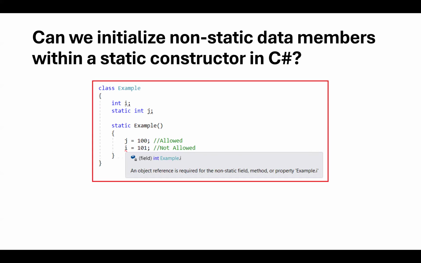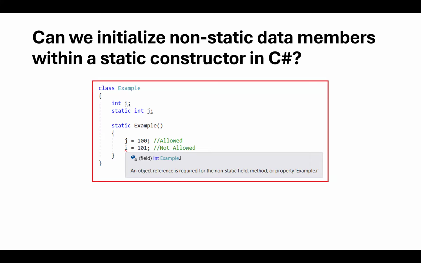How can you initialize a non-static data member? Let's see an example. So how can we? It's not possible to initialize a non-static data member with a static constructor because the compiler raises an error. Let's look at our example.